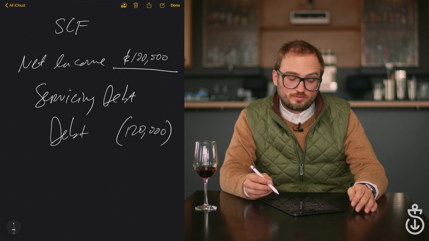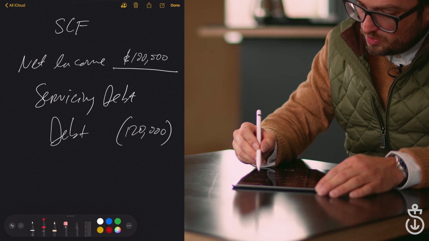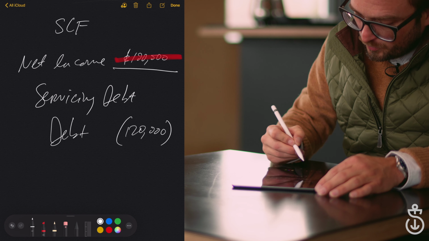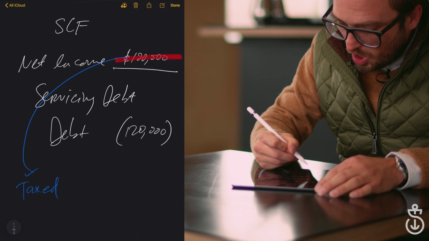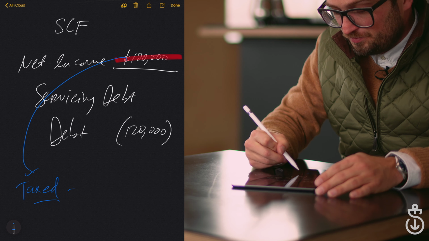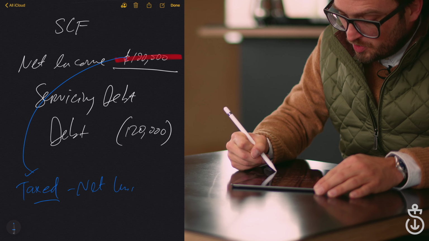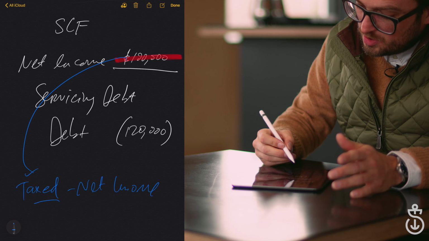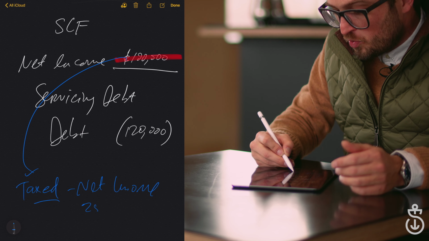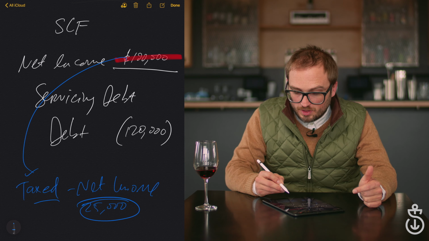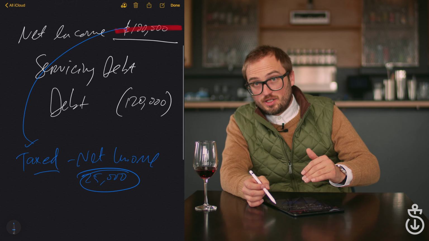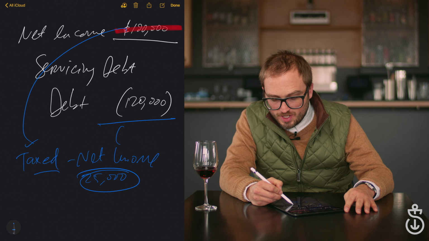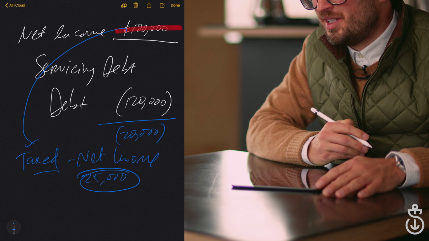So now you're profitable. And here's the really hard news in this: you will be taxed. On your net income, you're taxed. So if you have that $100,000, let's say you owe $25,000 in taxes on that. Where that hurts is that you have debt of $120,000 that year, and so you have negative $20,000 for the year.